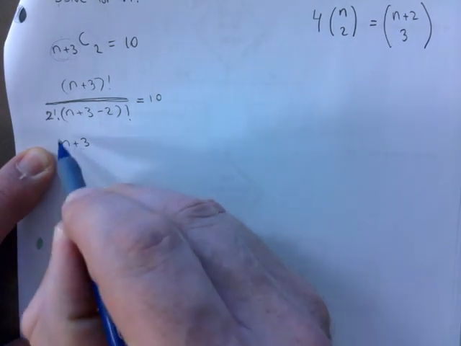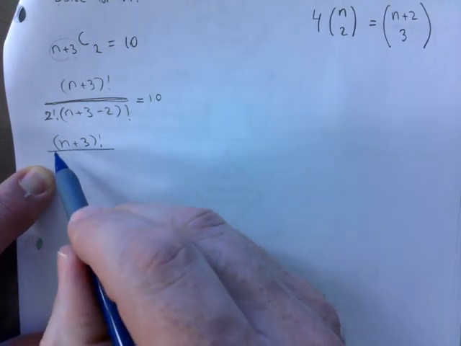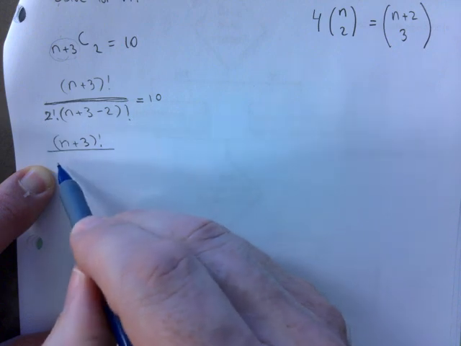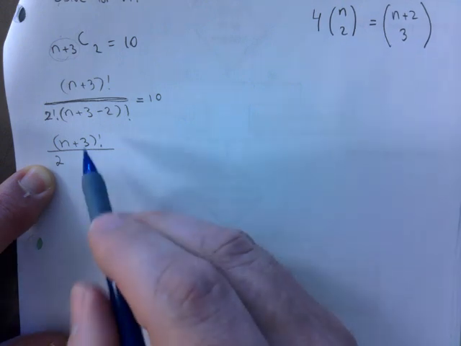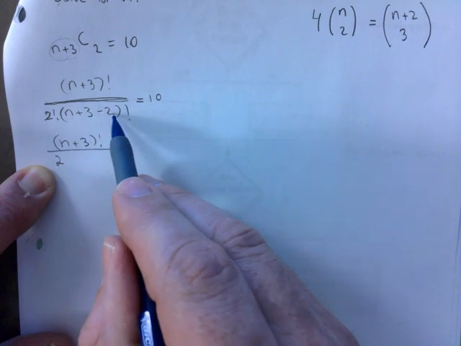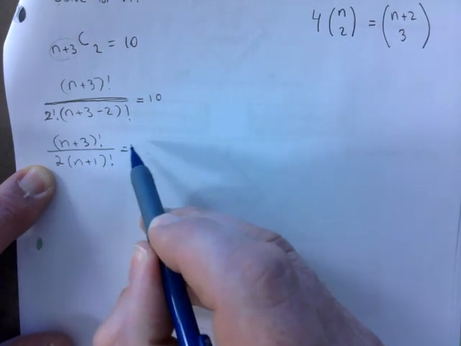You need to be careful when you clean it up that you don't drop things that are important. But 2 factorial, I just find out that it's just 2. Like if it's 3 factorial, that would have been 6. That's how I would have cleaned it up. Like if it's a number, just get rid of the factorial if at all possible. N plus 3 minus 2 is just n plus 1 factorial 10.